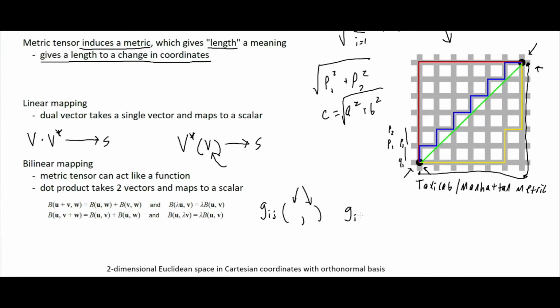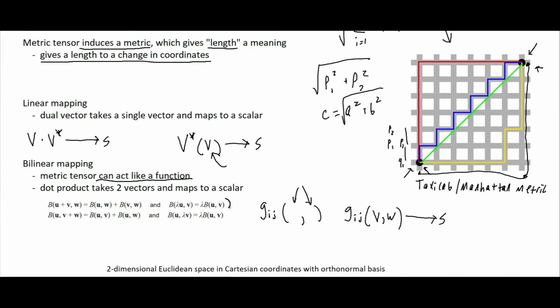So you would have G_ij, and then you would have a vector here and then some other vector, and the dot product brings that to a scalar. And so the metric tensor can act like a function that takes two vectors as input and maps them onto a scalar.